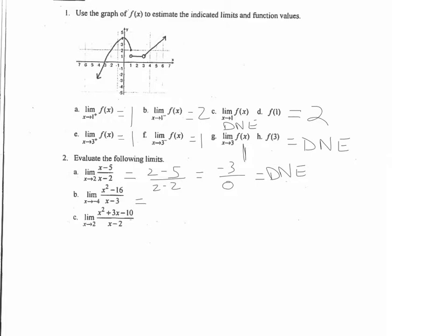All right, what is this? When you plugged in negative 4 in the numerator, what did it give you? It gave you a 16 minus 16, which is 0, over my denominator was a negative 4 minus 3, which is a negative 7. What does that mean?